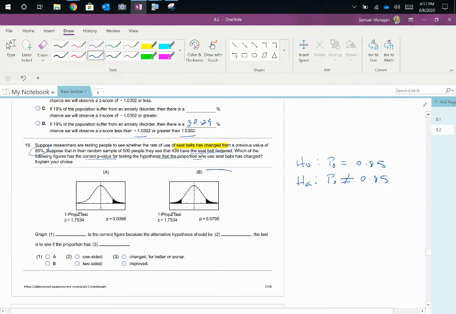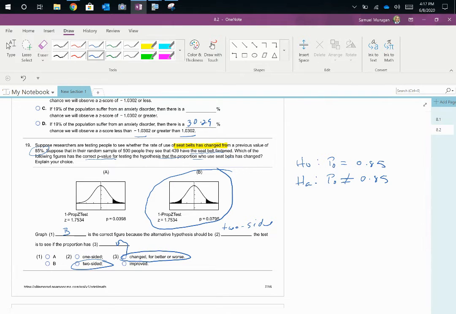So this would definitely be a two-tailed hypothesis. Graph B is the correct figure because the alternative hypothesis should be two-sided, or two-tailed. The test is to see if the proportion has changed for better or worse. We don't know. We know that they're testing to see if it changed or not.